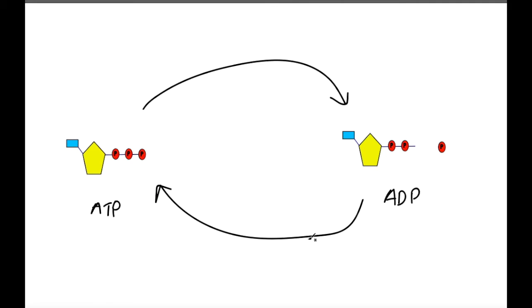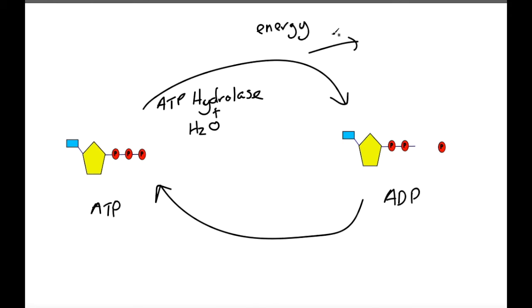What we have first, when we have the ATP, okay, this bond needs to be broken down. So an enzyme comes along called ATP hydrolase, and some water comes along, and it breaks that bond. And because that bond's broken, energy is released, as I said before.